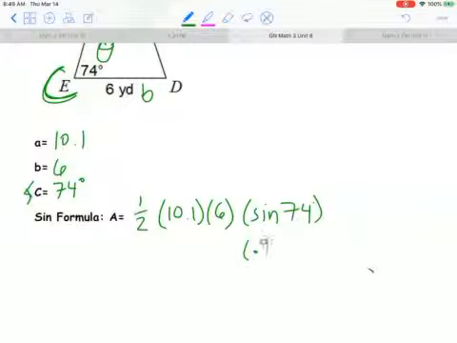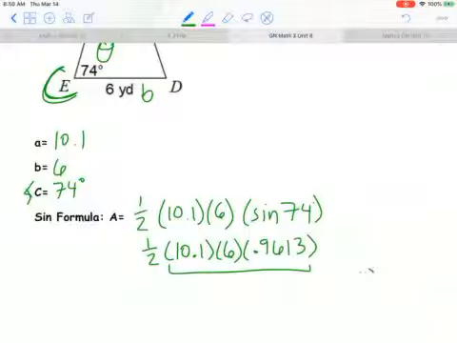If you don't, that means you're not in degree mode. And I'm going to keep 4 decimal places. And then what I would do is multiply all of these and then divide the 2. Or you can do that as 0.5 also. That can help. So go ahead and do that, and let's check answers.